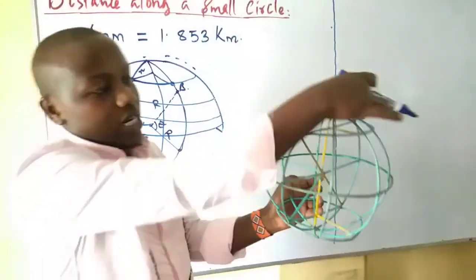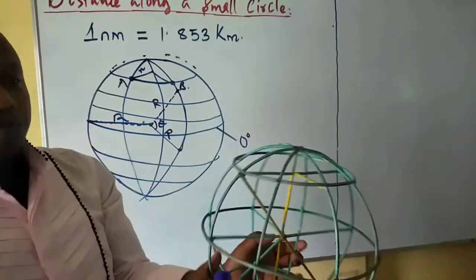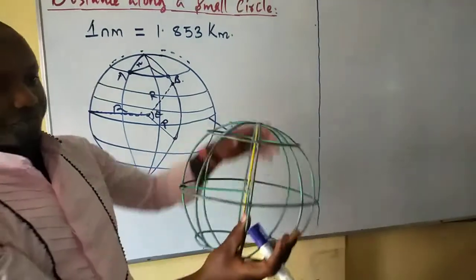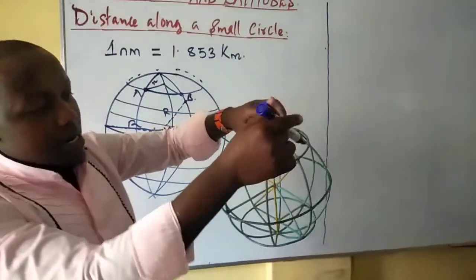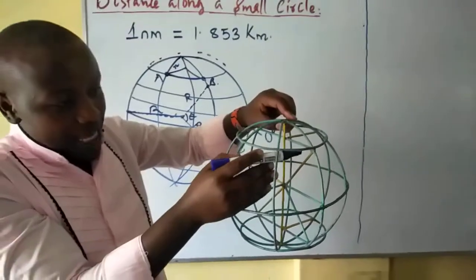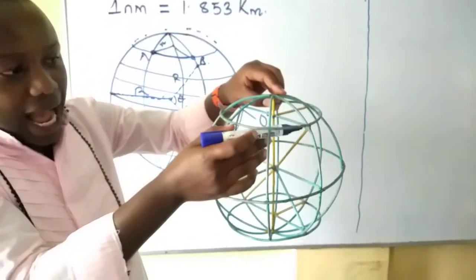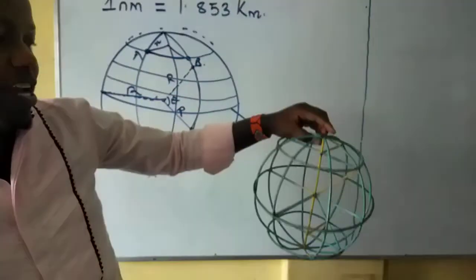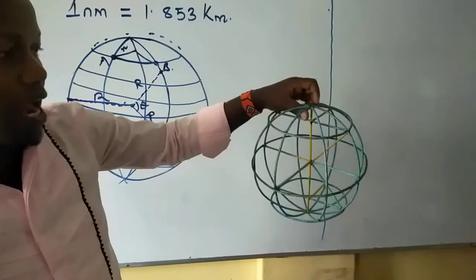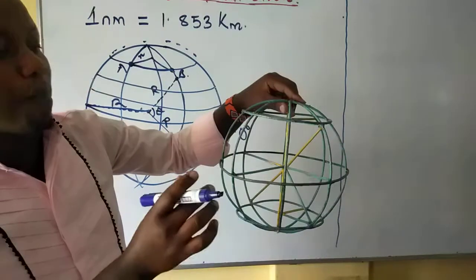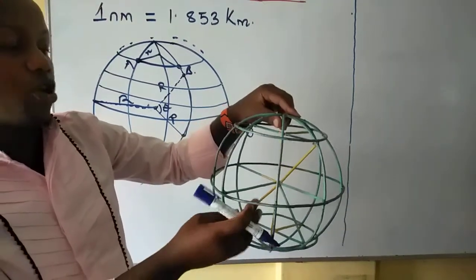But for a small circle like this one, the radius from here to the axis of the earth is a radius which is far much smaller when you compare it with the radius of the earth.